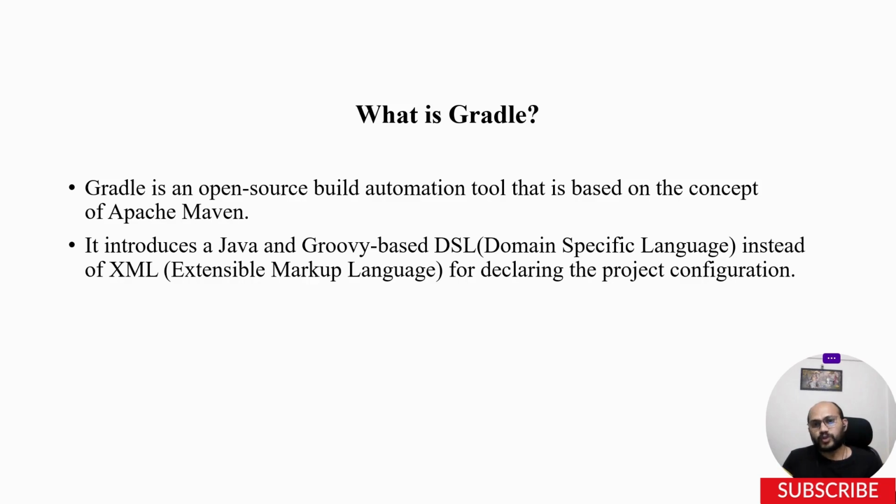For declaring the project configuration, whenever we want to add some dependencies in a Maven based project, we have to add the dependencies in a pom.xml file. But always remember, whenever we add dependencies in the Gradle build tool, there is a separate file named build.gradle, and in that build.gradle file we can add the dependencies.